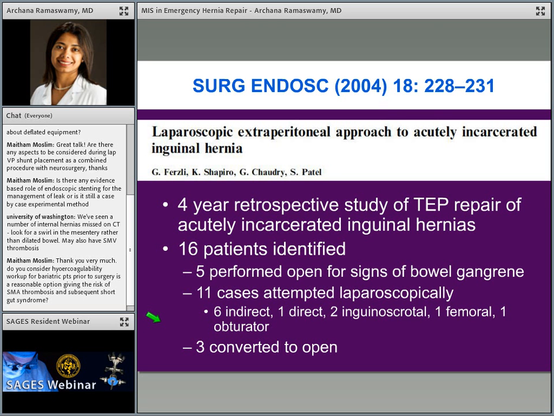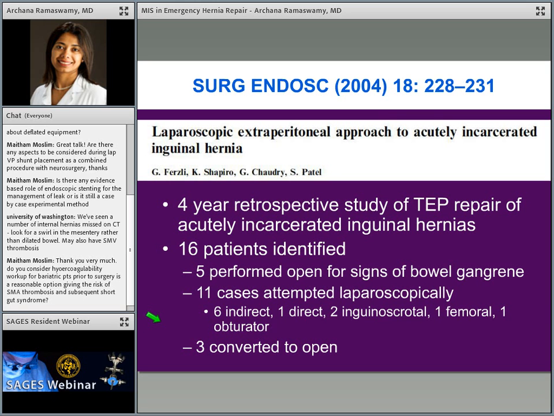And again, this is not a randomized study, so selection bias does suggest that this group, which was approached in an open fashion, may have had more complex hernias or more signs of concern of compromise of the structures that were incarcerated. And then again, looking at their complications, it of course always looks beautiful when you have almost zero complication rate in terms of your TAP repair, but remember again that this is a selected group.